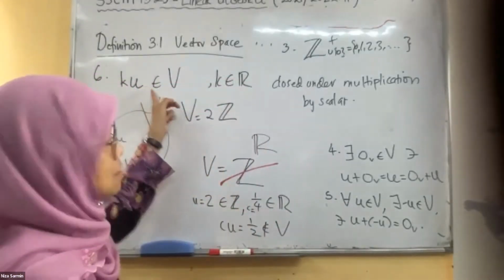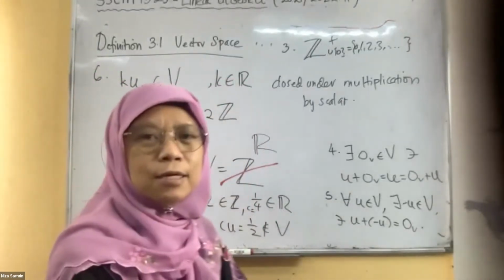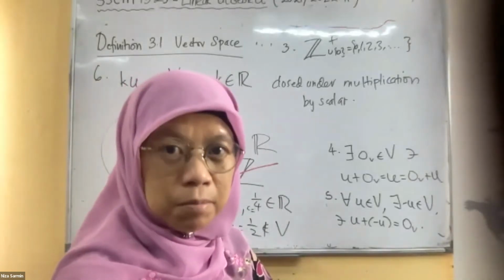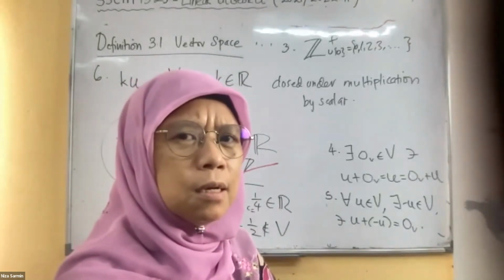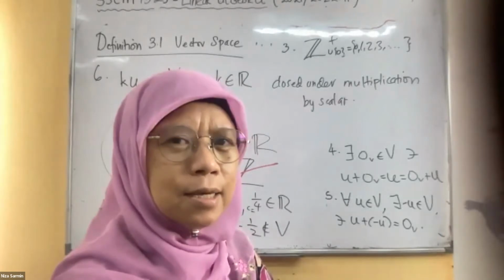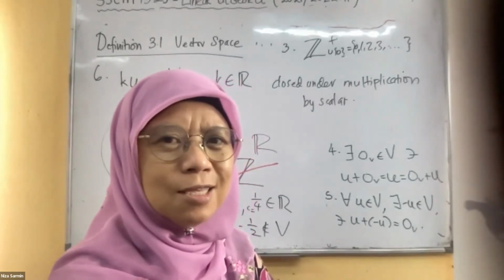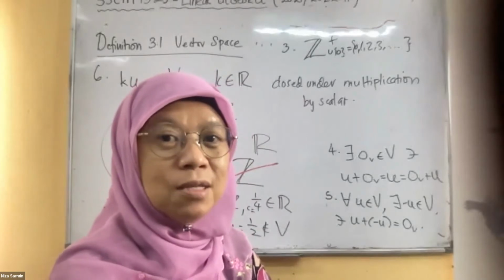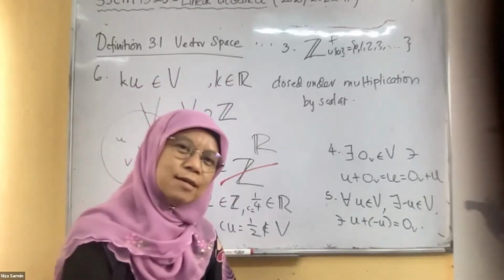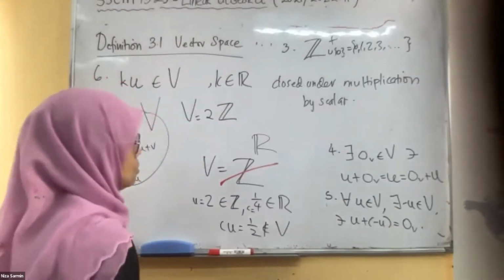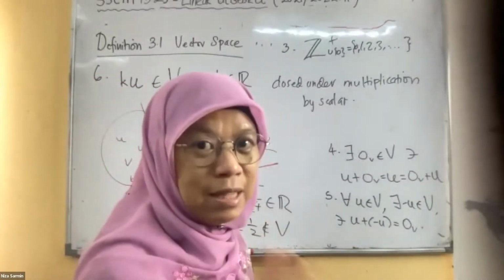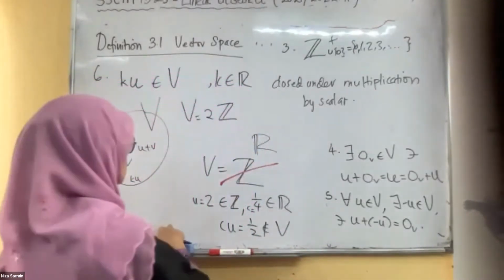But if you multiply an even integer like 6 by any real number, do you get again an even integer? We're not multiplying by an integer, we're multiplying by a real number.